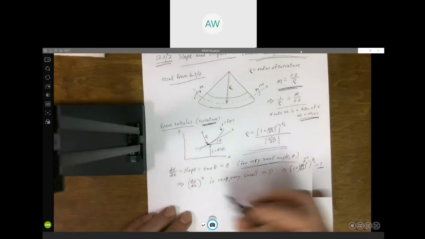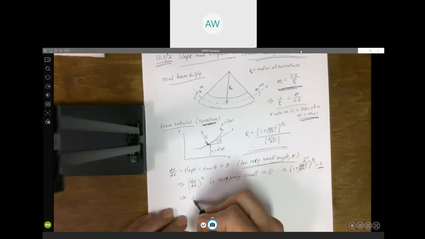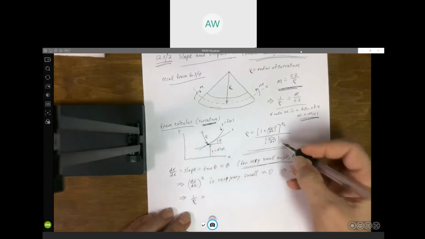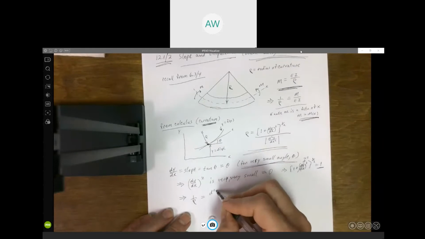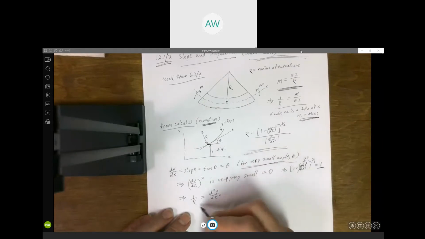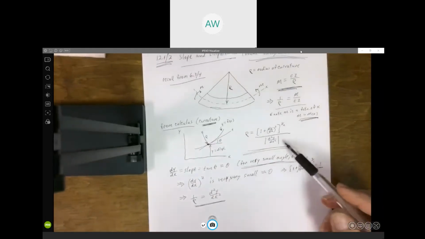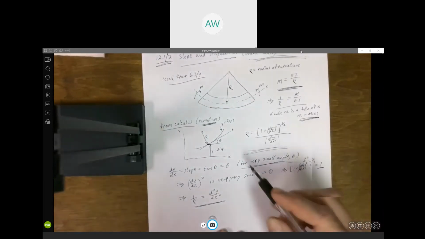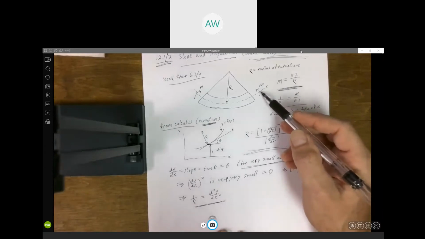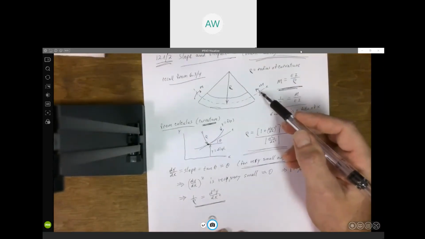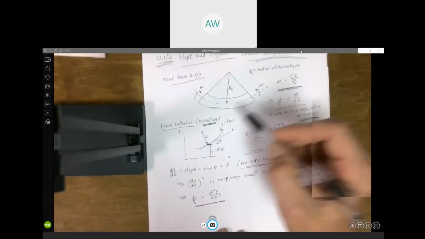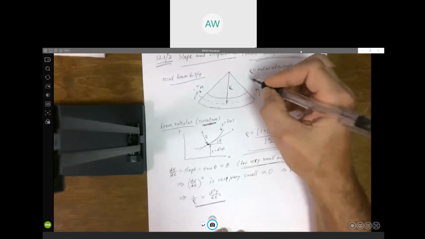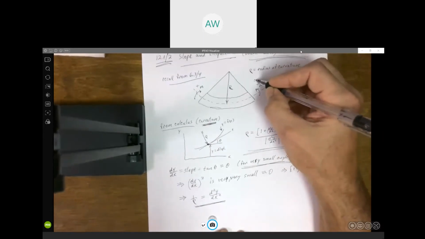So if we take this and invert it, 1 over rho is just equal to the second derivative. Also notice I dropped the absolute value. We can do that if we base it on our sign convention: a positive moment causes it to bend this way, concave up.